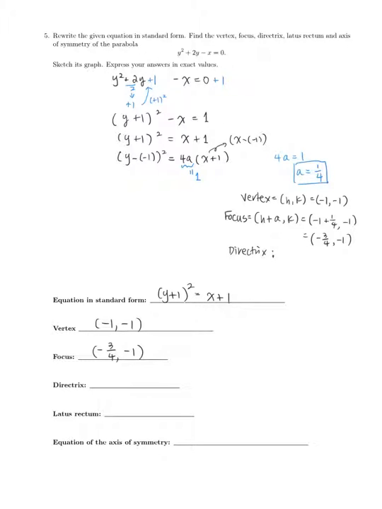It's going to be the equation of a line, which is x equals h minus a. So we're going to have -1 minus 1/4, so our equation of the directrix is x equals -5/4. Let me just box all of that.